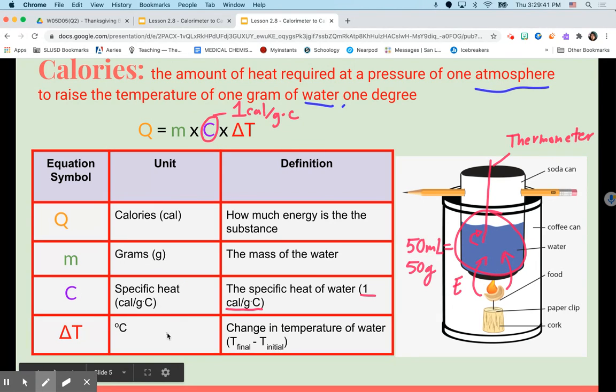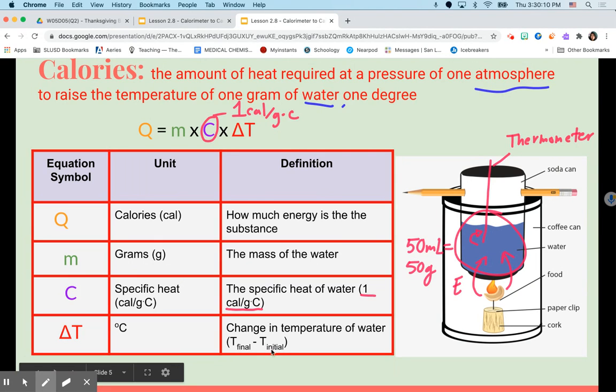And finally, if we want to measure the heat or energy in the food item, once we've transferred all of the energy into the water, we know how much that energy is changing based off the specific heat number. We need to know how much temperature difference is created by reading the thermometer. I need to know the starting temperature of the water before I burn the food.